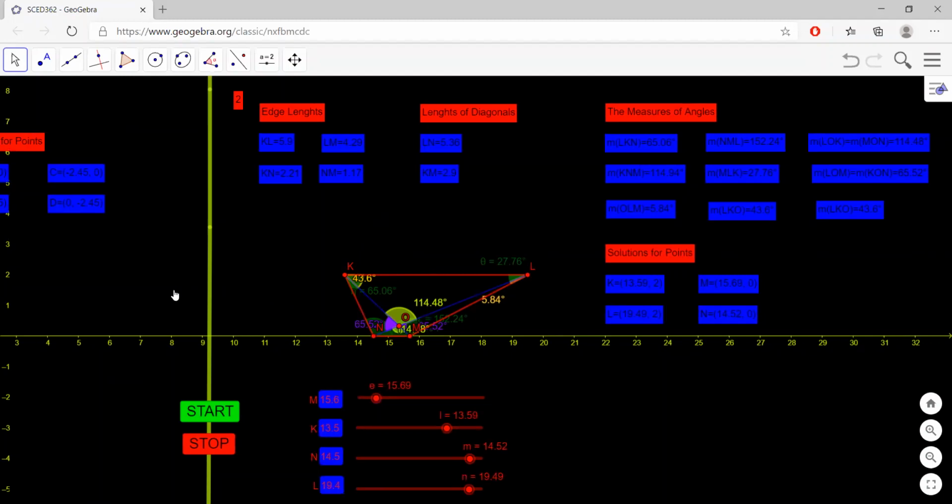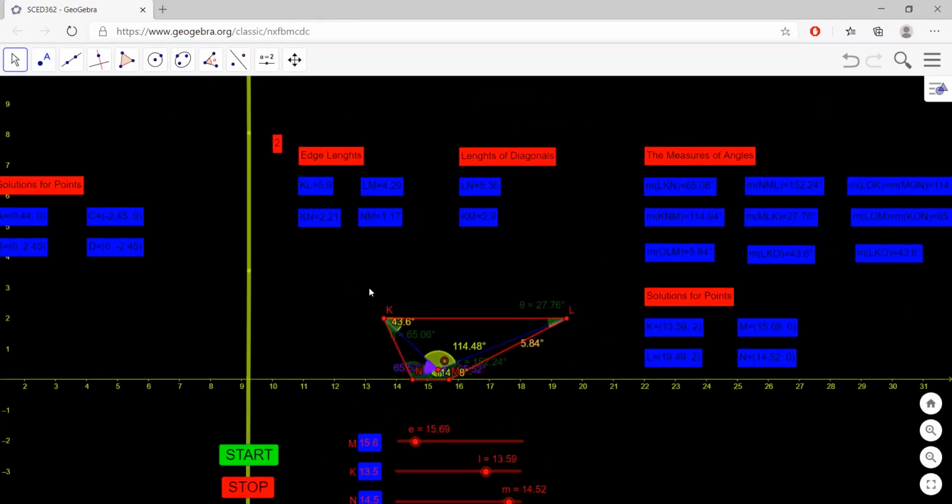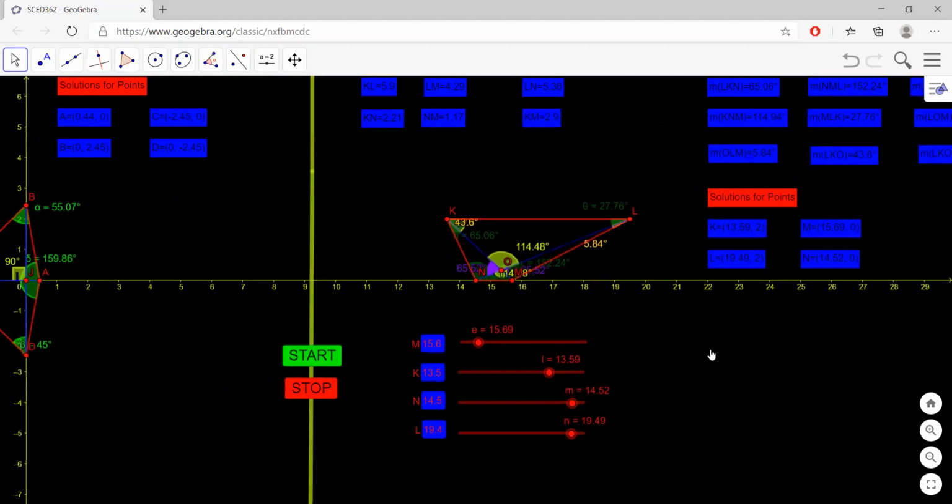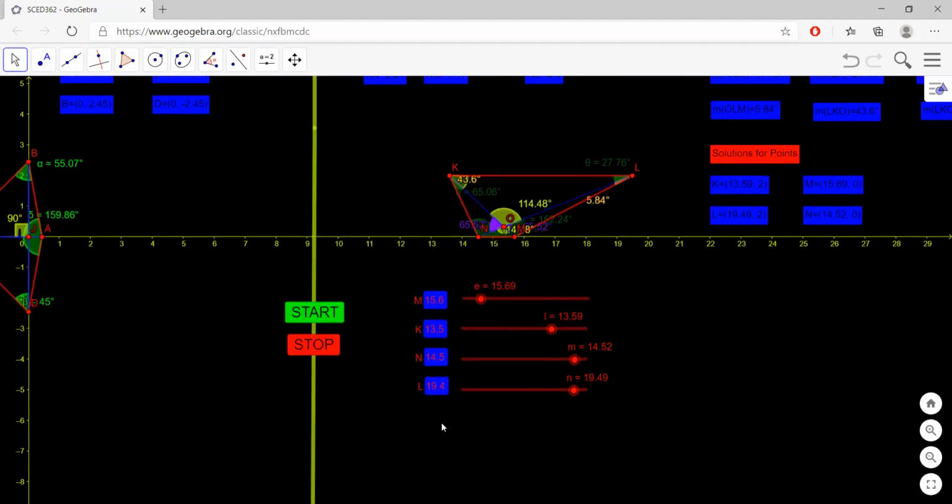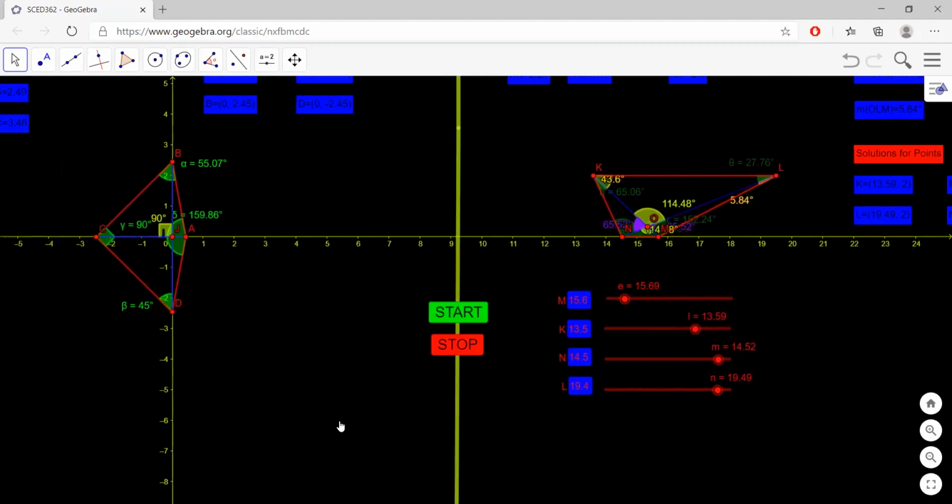In each template, there are indicators for edge lengths, lengths of diagonals, measure of angles, and solution for points, the coordinates of which are the coordinates of the vertices, and the input bar to change coordinates of vertices by entering the number in the input bar.